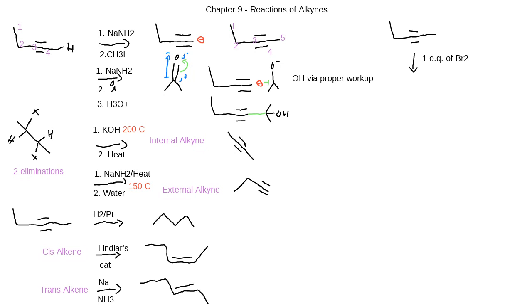So what we end up with looks like this. So we have a double bond there, and we have bromine on opposite sides. Okay. So Br2 just by itself, or Br2 in CCl4, is going to be anti-addition.